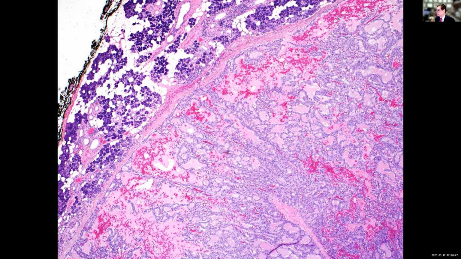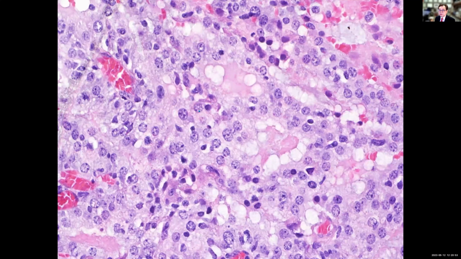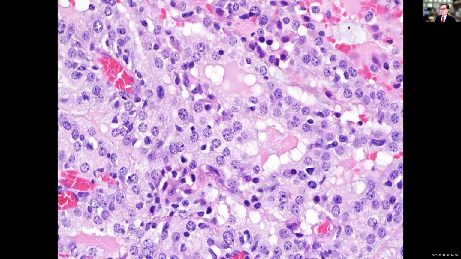It's very important to see the demarcation, but it is not necessarily 100% benign. And at higher power, these cells look like acinic cells. That's an interesting observation. Actually, most such cases would have been signed out as acinic cell carcinoma before this entity was officially coined. And I'm sure you know what I'm getting at.